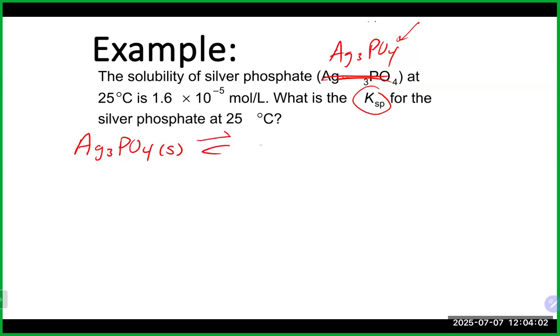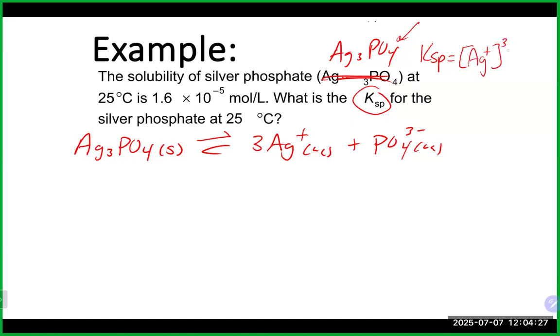On the product side is really just these guys breaking apart into the appropriate ions. So we would get 3 silvers and a phosphate in this case. That would give us a KSP expression of our products over our reactants, but again, our reactants are solid, so they will not be included. So that'll give us silver cubed times our phosphate here.